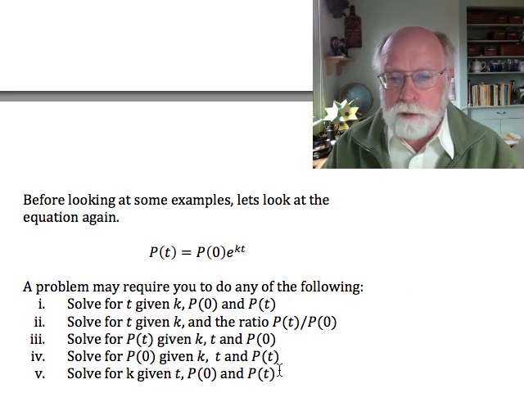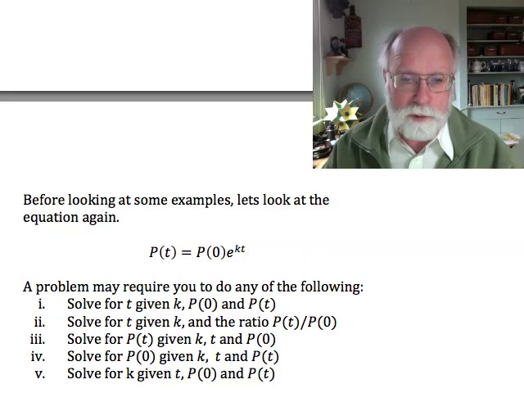There actually are 5 types here in the list, and I've included number 2 here: solve for t given that you know k and the ratio p of t over p0. So if you're actually looking for t, you could deal with it just by knowing the ratio of p of t over p of 0, and I'll give an example of that as we go on through this video.